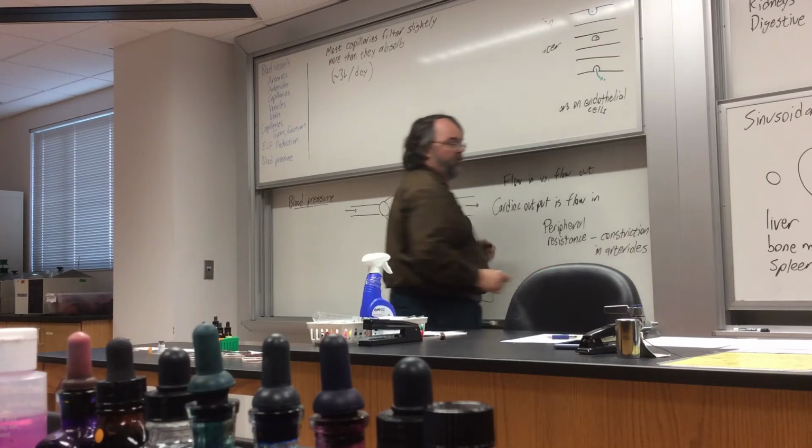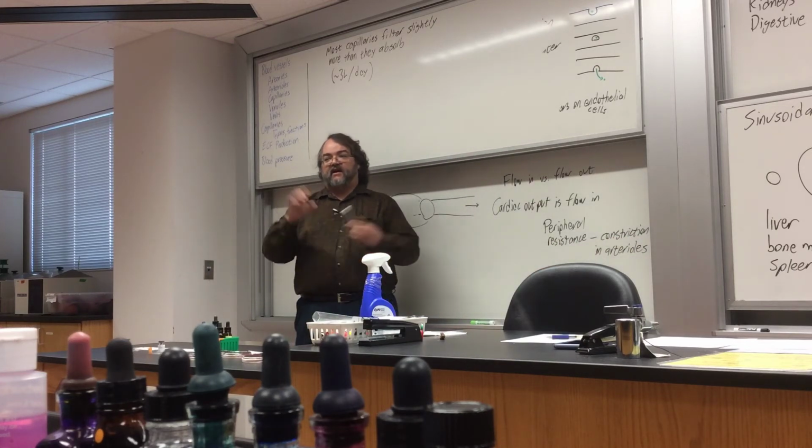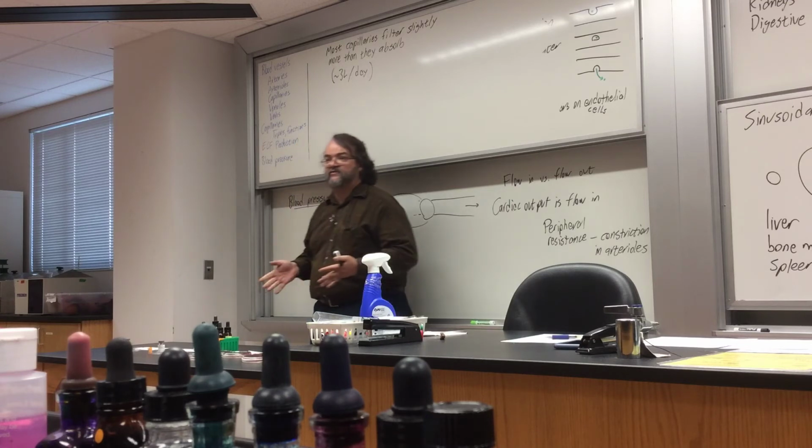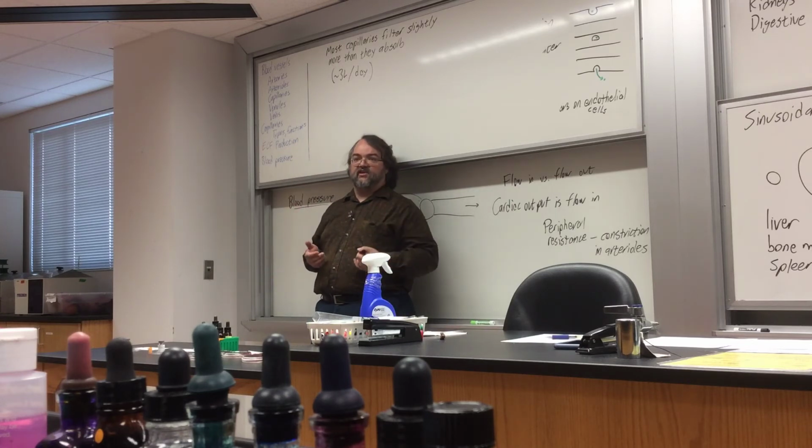All else being equal, if I tighten my arterioles overall, what should happen to my pressure in my arteries? Yeah, if I make it harder for blood to get out of the arteries, then pressure tends to go up. If I loosen my arterioles, pressure tends to go down.